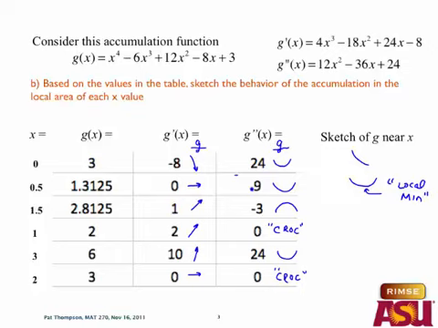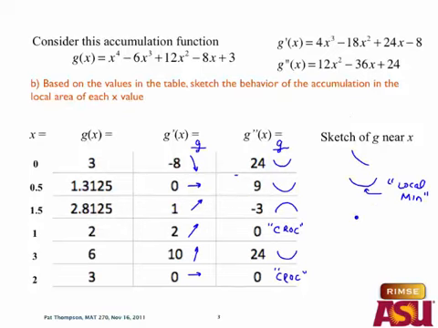So right there at x equals 0.5, the accumulation is pausing because the first derivative is 0, but it's concave up because the second derivative is positive. So it's right there at the low point. Both those conditions are met.